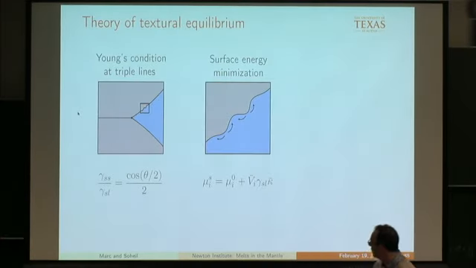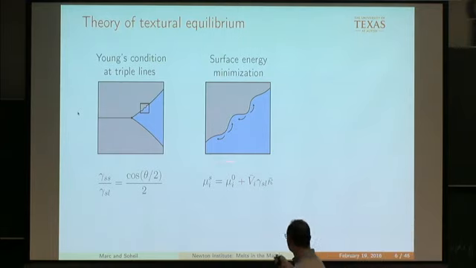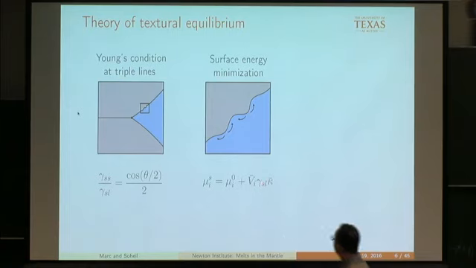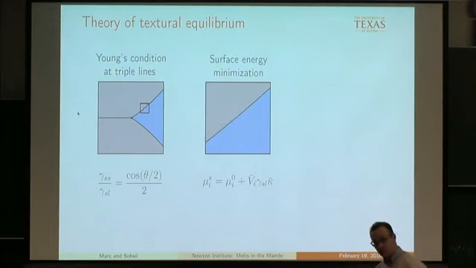The other part that goes into the theory is the idea that there's an energetic contribution from curvature, which gives free energy of the material. So in general, high curvature areas will smooth out and evolve to some sort of constant mean curvature interface.